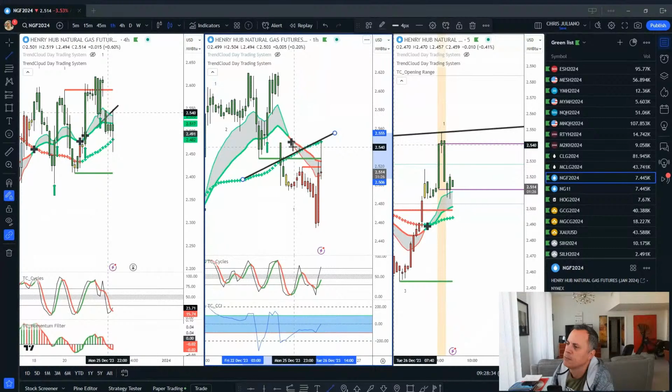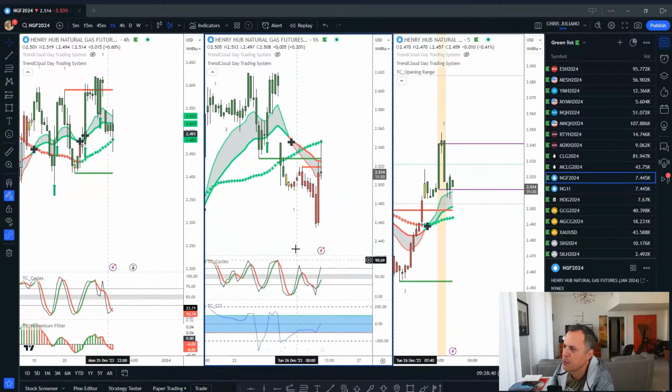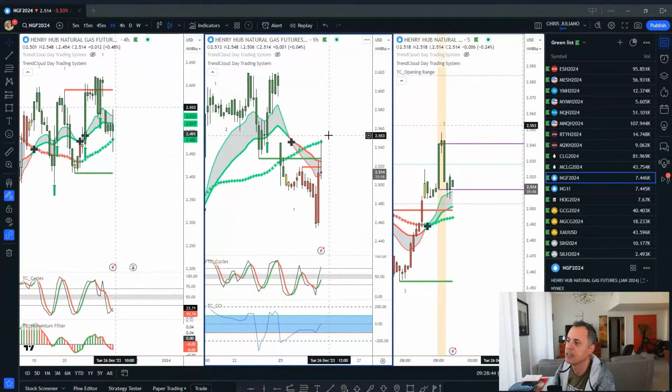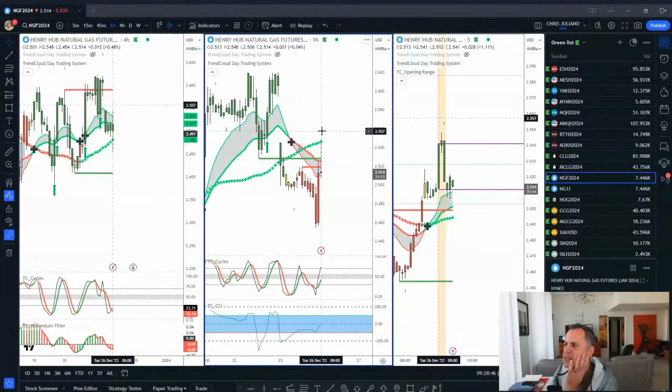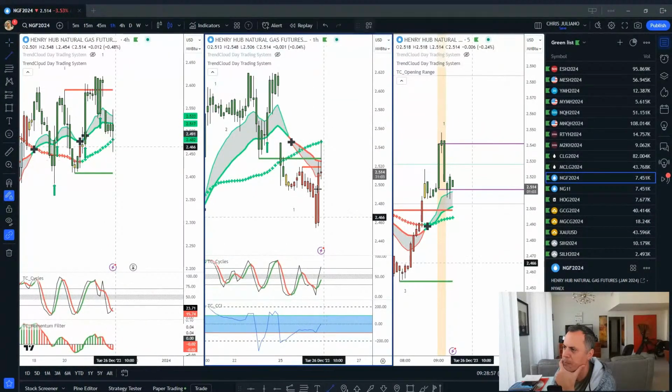But we're still green, right? That part of the trend cloud there, the 50, our line in the sand, is still green. And when you see this situation, look at how price always likes to come back to that green 50 simple.